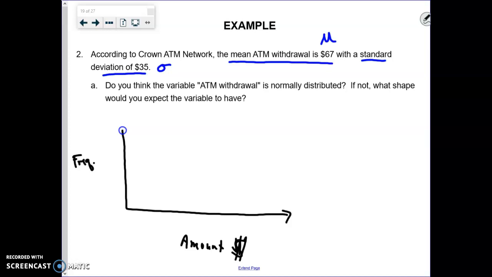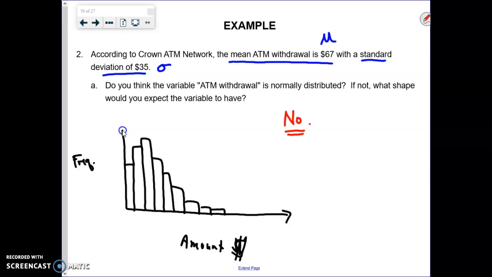Well, you probably have several smaller amounts, and then eventually, as the amount gets larger and larger, you would expect fewer withdrawals for larger amounts. So, in essence, do we expect this to be normally distributed? I would say no.